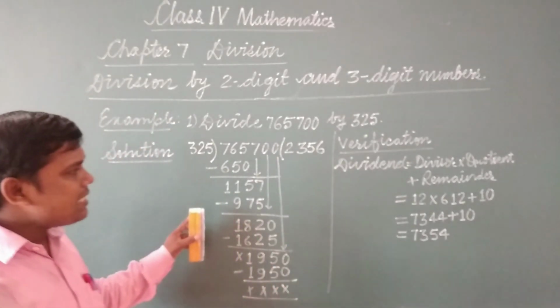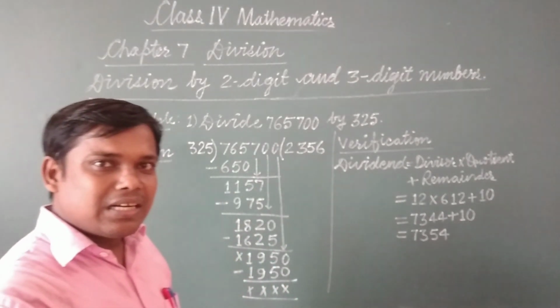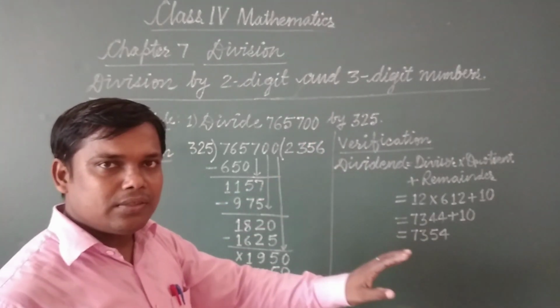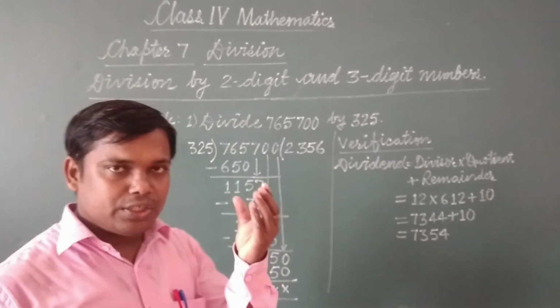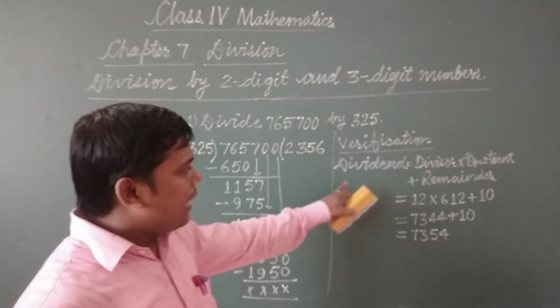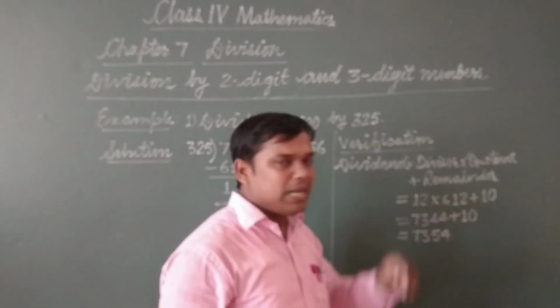So in this case again we will verify our answer, whether the quotient we have got is correct or not, and the remainder we have got is 0. So we again write the verification: dividend is equal to divisor into quotient plus remainder.